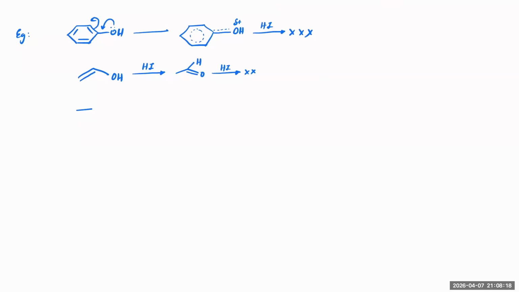Suppose I have a benzyl alcohol OH and a phenolic OH. If you react with HI, even in excess, the phenolic OH will not be exchanged or removed. Instead, this side you will get iodide.